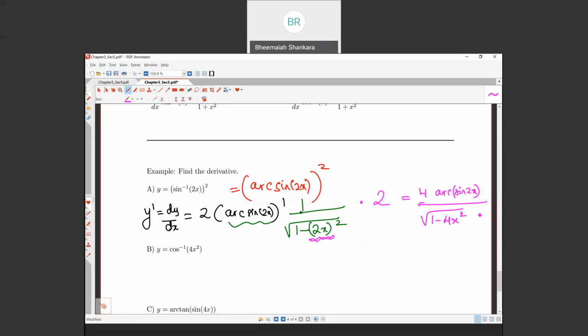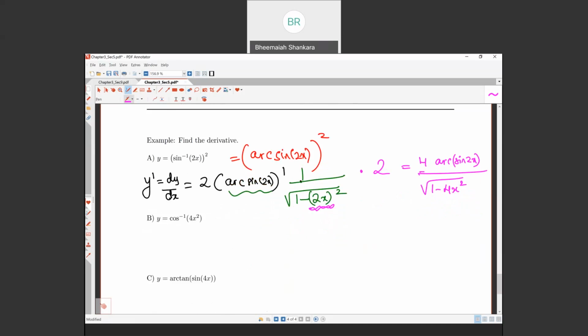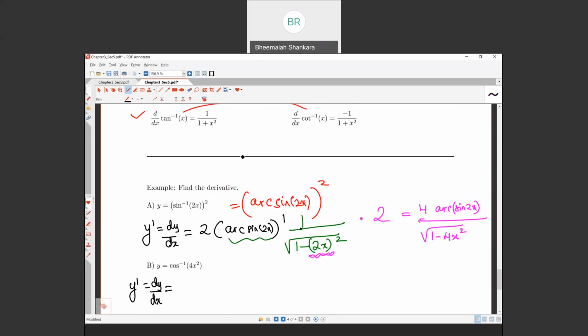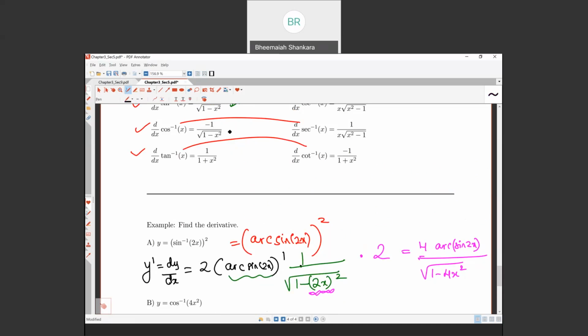In the next example, you have cosine inverse of 4x squared. So you can write this as y prime, which is the derivative of y with respect to x. Derivative of cosine inverse, we have a formula here on the top, is negative 1 over square root 1 minus x squared.